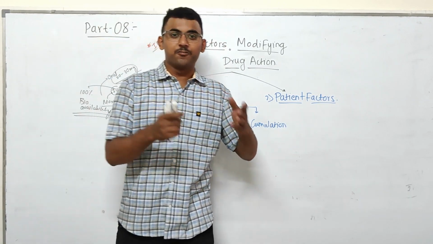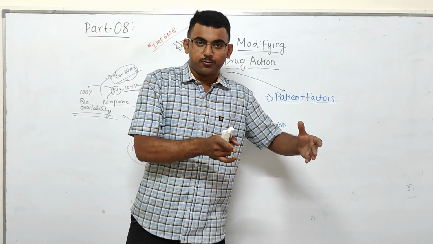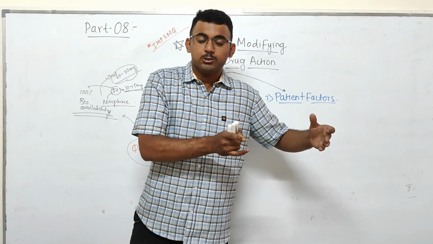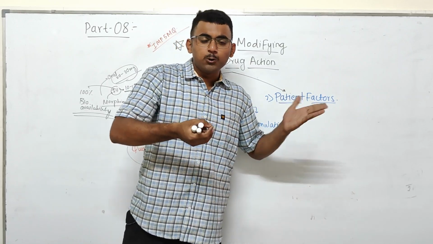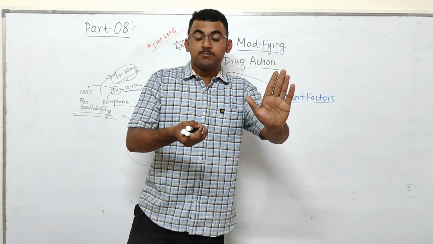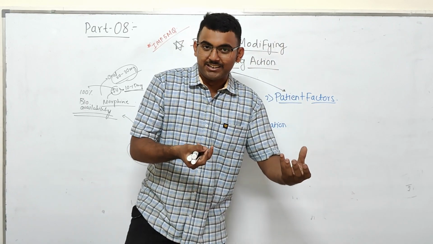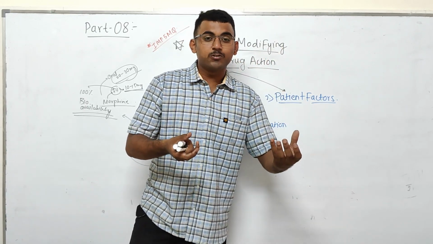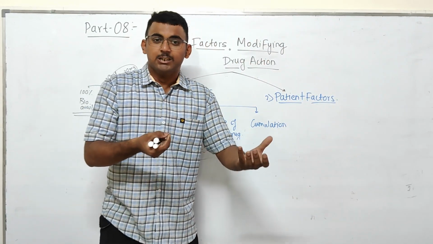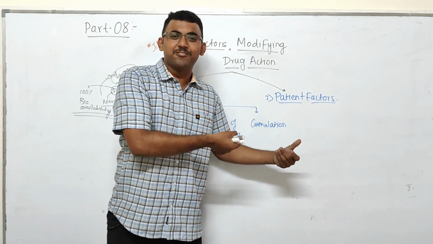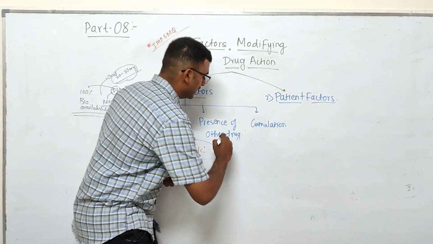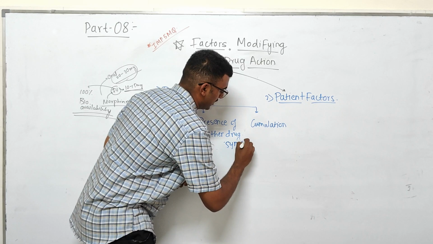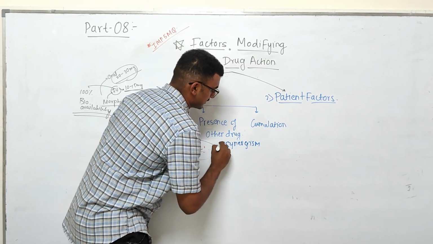For example, you have a friend, you keep the company of a good friend who is studying, so even you will start to study, right? So it's going to increase the positive effect. But if there is a negative friend, even you will start getting negative habits, so again you will be going the negative way, right? That is what is called synergism.